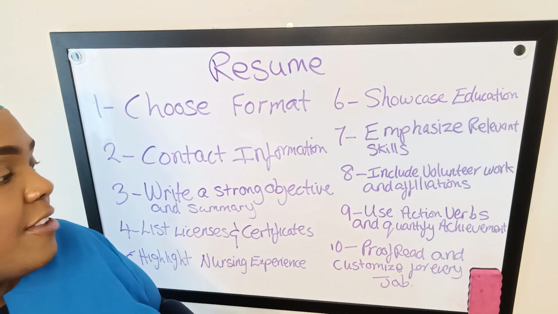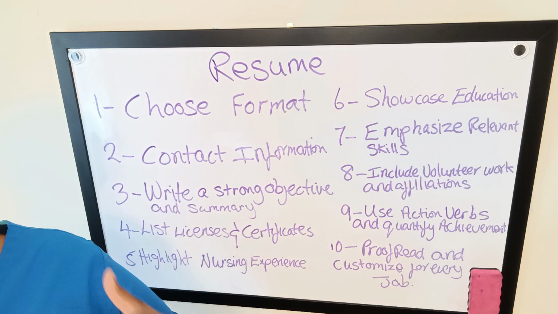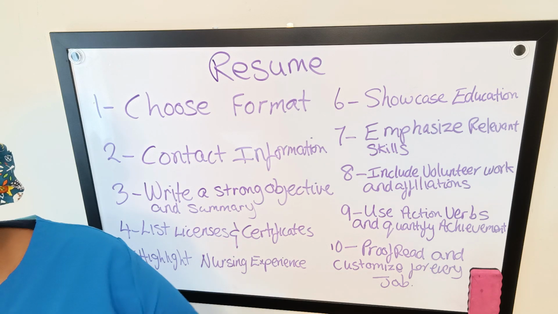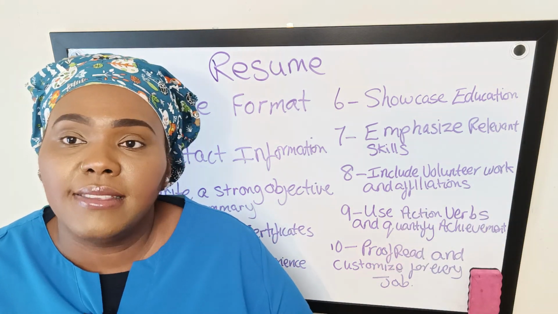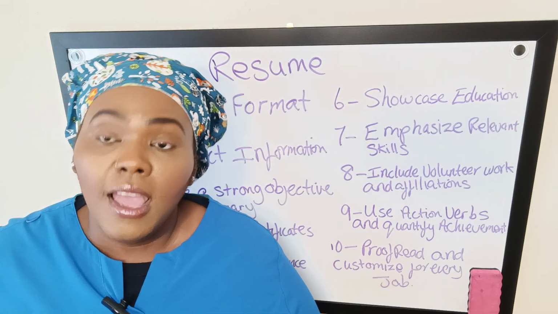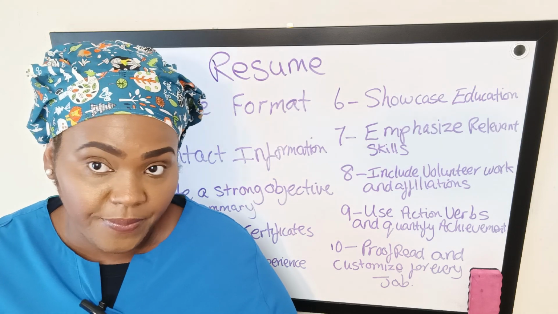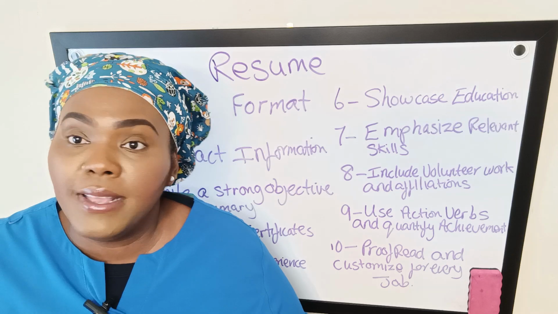Then you use action verbs to quantify your achievements, right? So in that situation, you will be able to say, I improved my skill as a phlebotomist because I am able now to draw blood better than I was initially. Or you can say, I improved my IV cannulation skills. I can place IVs.